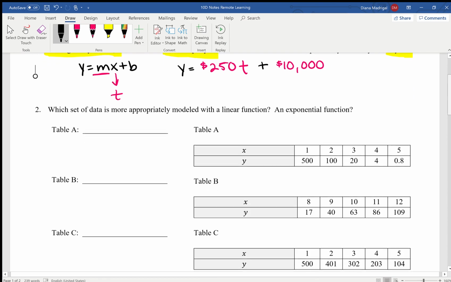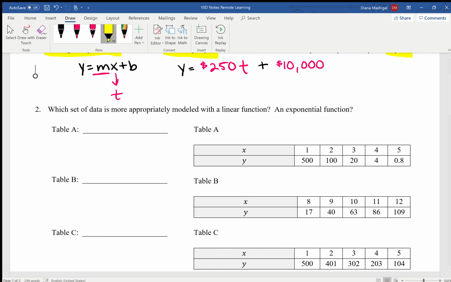All right, question number two is going to be talking about linear and exponential functions. We need to figure out from the tables if they are linear or exponential. Linear, we know, is y equals mx plus b. The slope is constant and it's either increasing or decreasing, so it's always adding or subtracting.